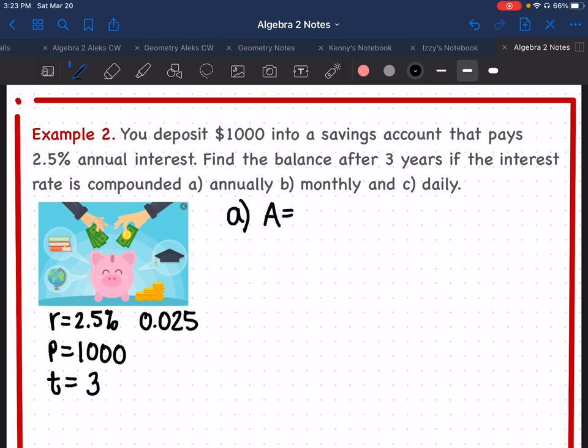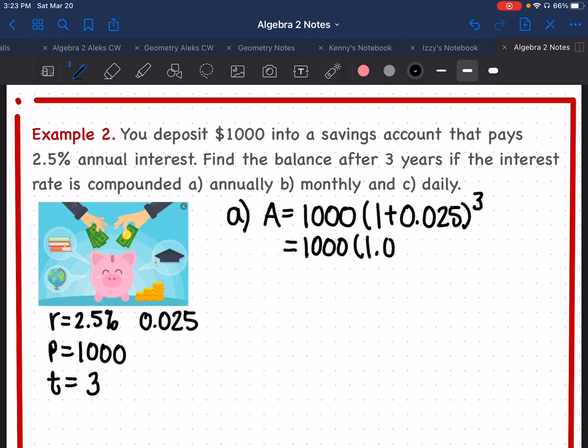And let's see which one gives me the best outcome. So 1 plus 0.025, and I'm going to raise it to the 3 years. Okay. Remember, you could think of this as 1,000 times 1.025.